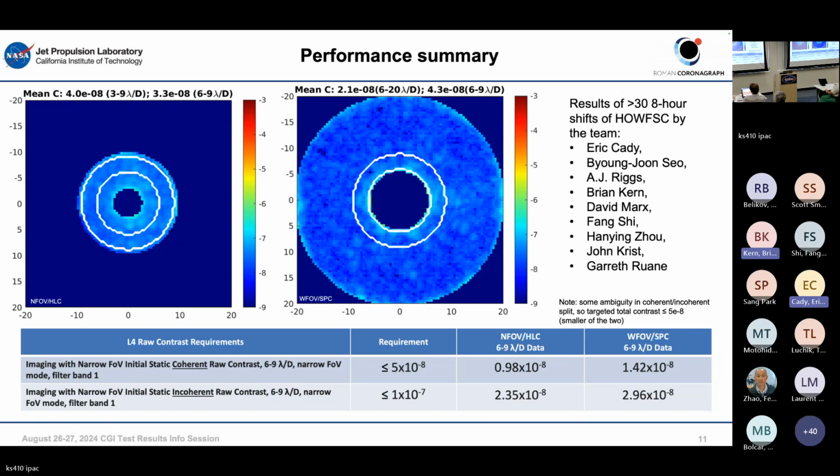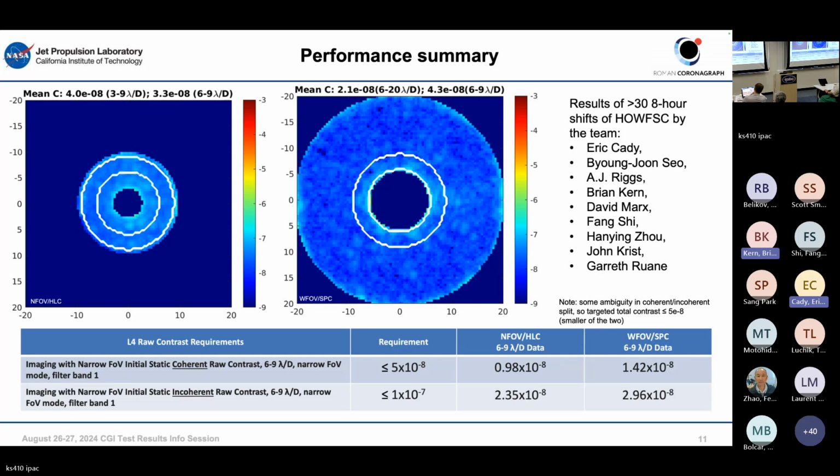These were contributed masks, but for various reasons it was convenient to stay in band 1 and test something, because as it turns out, the band 1 wide field of view mask also technically meets TTR5 in that it provides a dark hole over 6 to 9, 6 to 20 really. And so we did both. And you can see in the numbers at the bottom, we managed to push both of them down in the 6 to 9, below the requirement levels for both coherent and incoherent contrast.